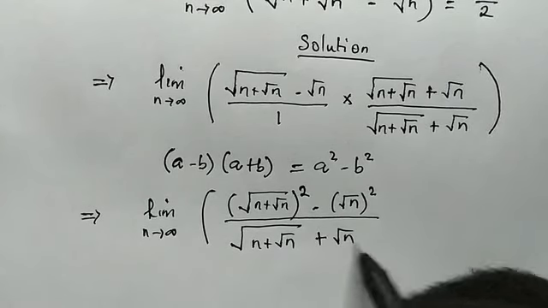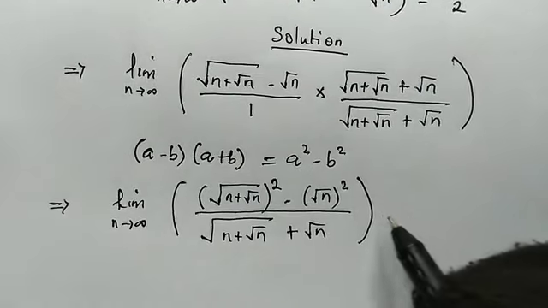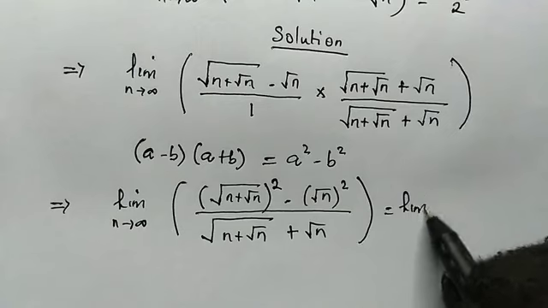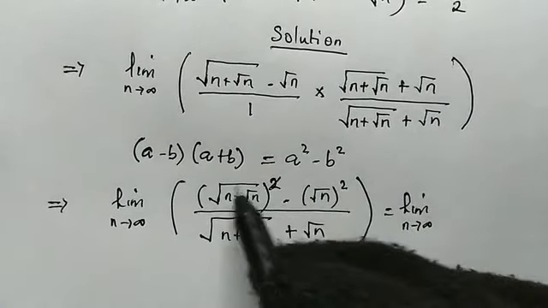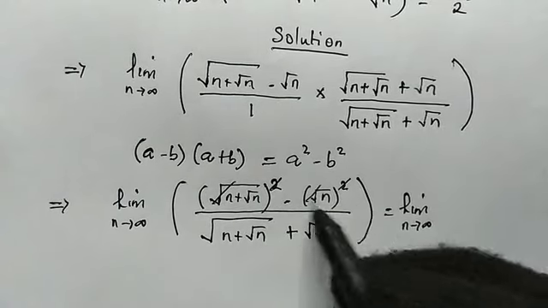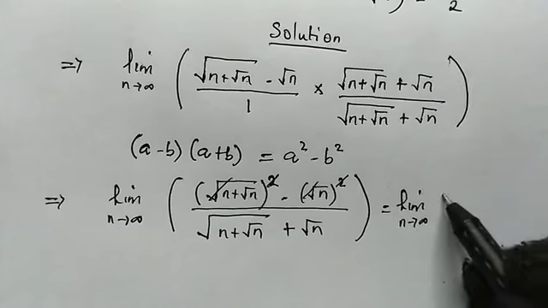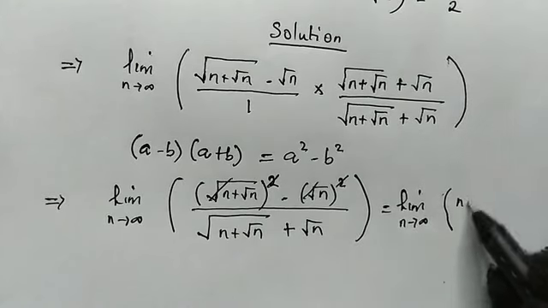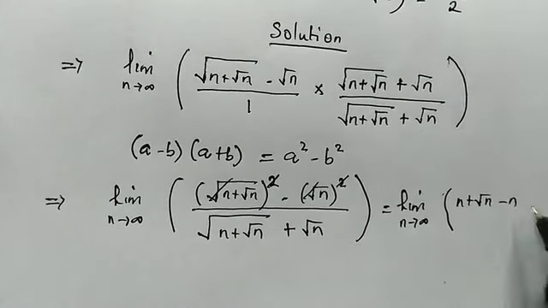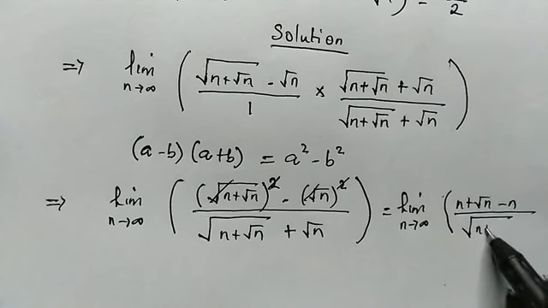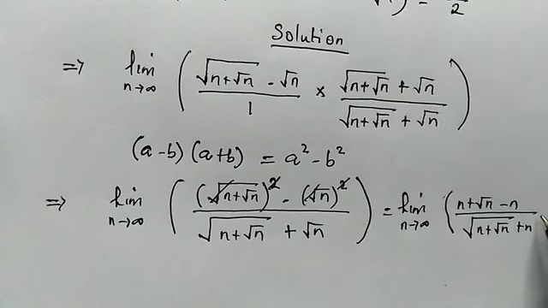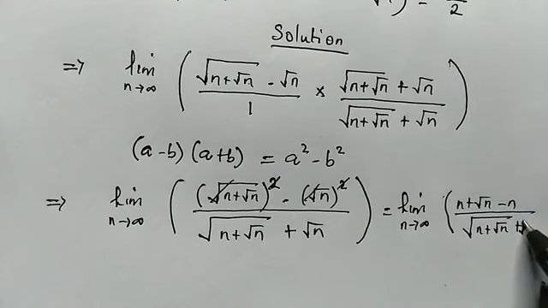Okay, so this is what we have from here, and this is equal to the limit as n approaches infinity. So this square we cancel this root sign, square we cancel root sign, so we just have n plus root n minus n, then divided by square root of n plus root n plus, is that root n? Yes, that is root n.